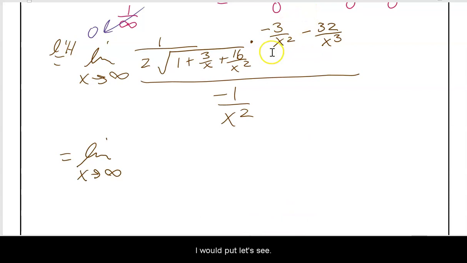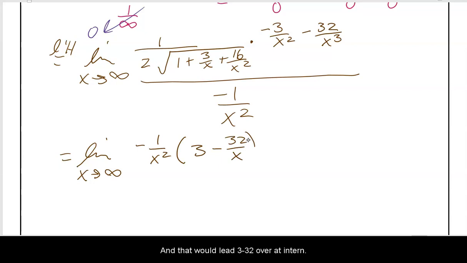I would probably leave this stuff, but I would factor out a common x squared and the negative. So I could write negative 1 over x squared times, and that would leave 3 minus 32 over x, 2 terms.